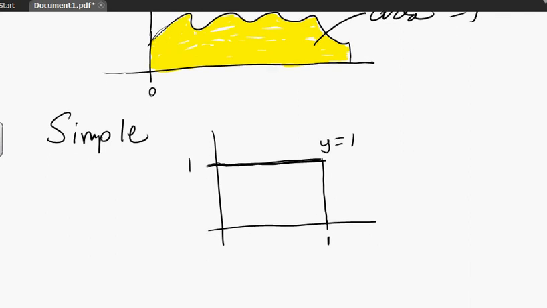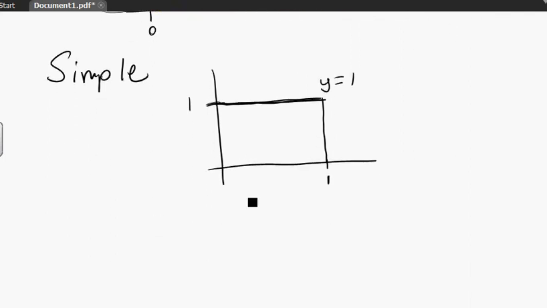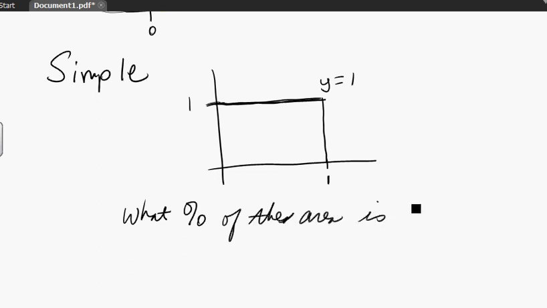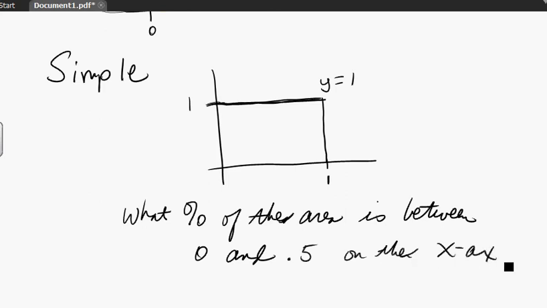Okay. So we'll answer just a few very simplistic questions about this. What percent of the area is between 0 and 0.5 on the x-axis? Okay.